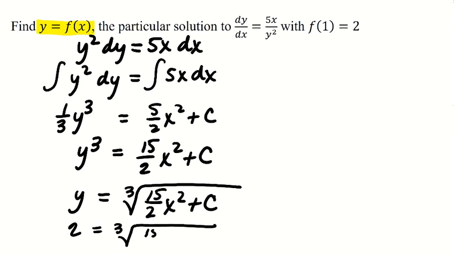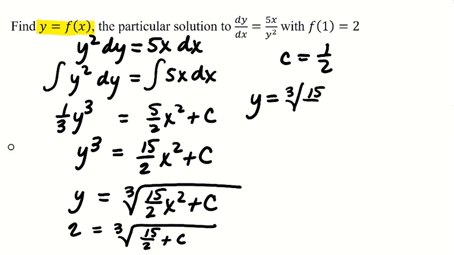So that's 15/2 plus c. 15/2 is 7.5, so c would just need to be a half to get that up to be taking the cube root of 8. So that means that c equals 1/2, and y equals the third root of 15/2 x squared plus 1/2.